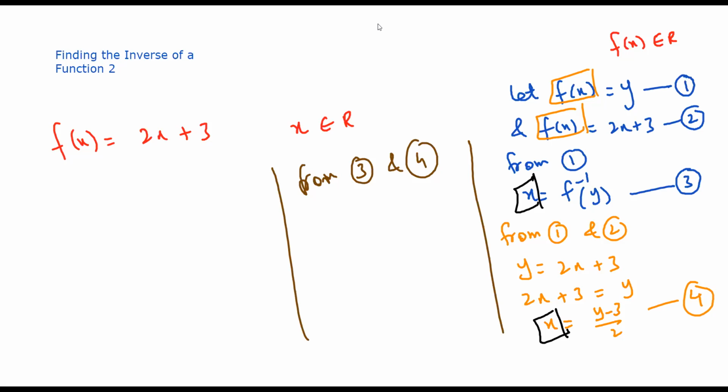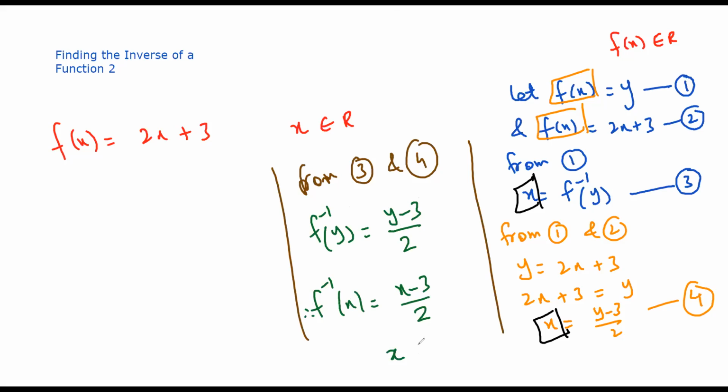Now these right hand sides are going to give you f inverse of y equal to y minus 3 over 2. Okay, and now you can change your y with the x. So therefore this f inverse of x is going to be x minus 3 over 2, where your x is all real values. That is the domain of the inverse, which is basically the range of the function.